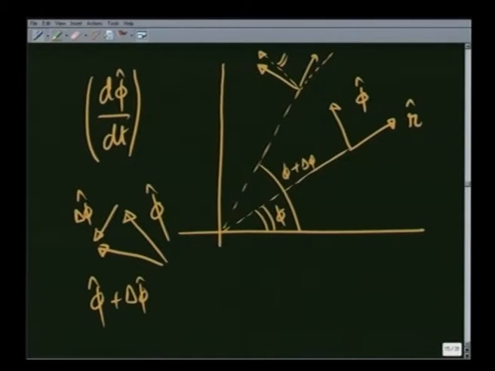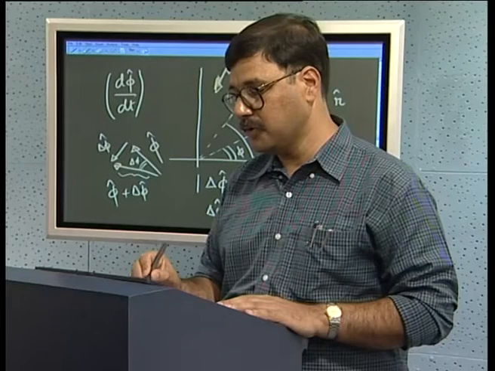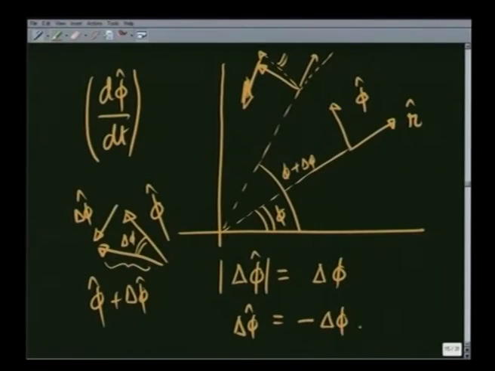You can already sense that this is in the radial direction, but pointing the other way. So, delta phi is going to be equal to, this angle is delta phi, this magnitude is 1. So, the magnitude is going to be equal to delta phi itself, and the direction is in the direction of r, but in the opposite direction. So, minus delta phi r.